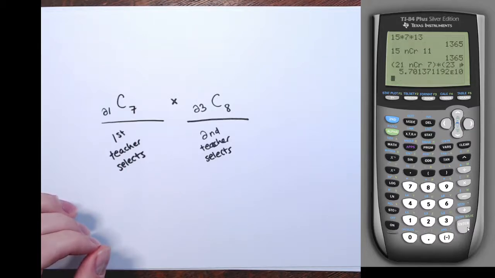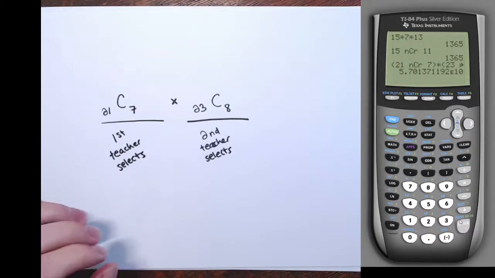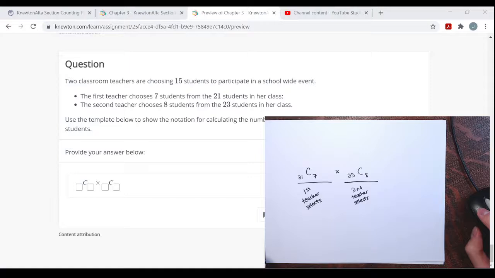And that's a gigantic number. Huge, that means move the decimal place to the right 10 places. But we're not asked to put that. We're just asked to fill in the blanks for the nCr, for the combination notation.